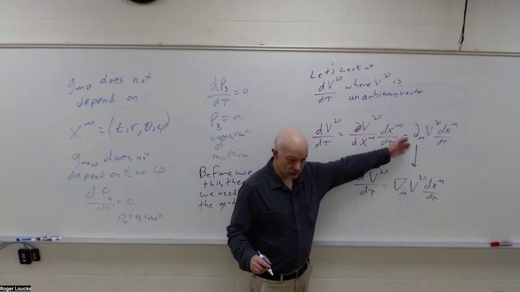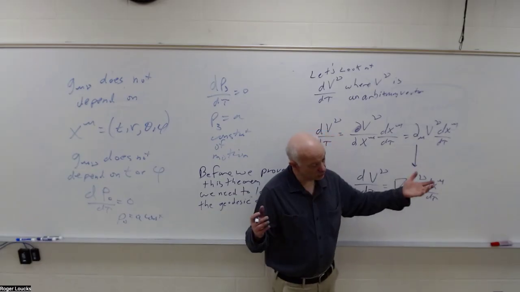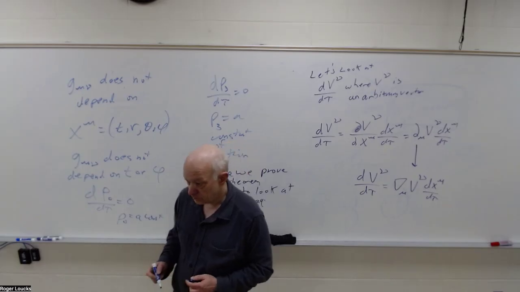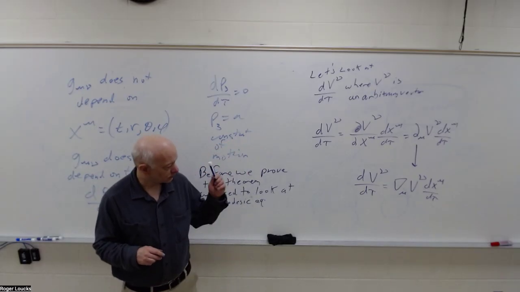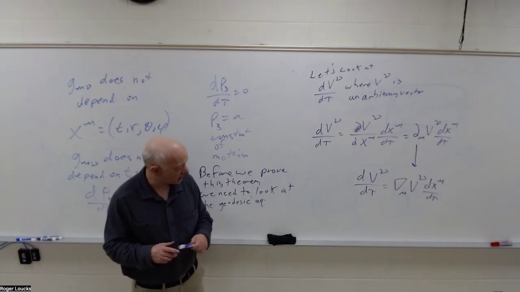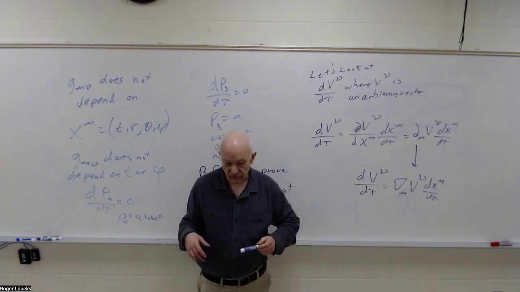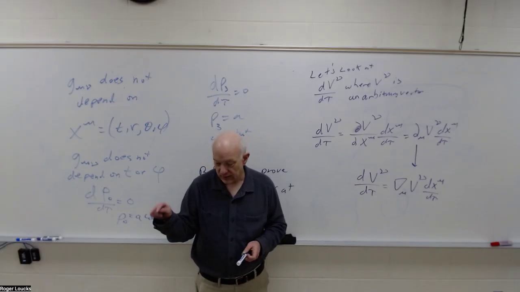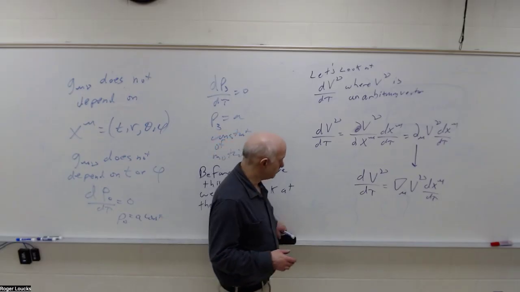This is just a special case of this, because again, if I'm in the locally flat space, I get this. If it's true in the locally flat space, then it has to be true in the general case. That makes sense? Now, what I want to convince you of is that if this V nu here is just our four velocity, dx nu d tau, that's nothing but the geodesic equation.